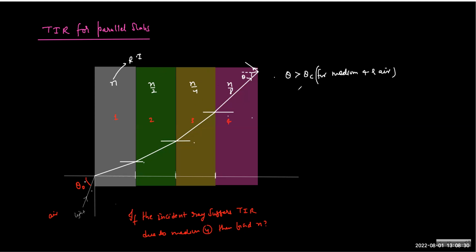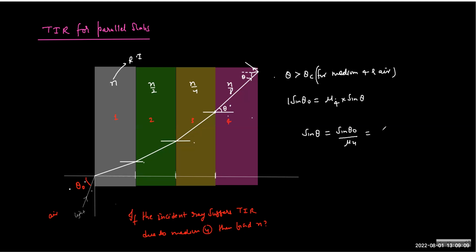The simple thing is you can write Snell's law between any two surfaces. If this is theta, we can write Snell's law till we have the reflection. So 1 sine theta naught must be equal to mu 4 sine theta. So sine theta turns out to be sine theta naught by mu 4.